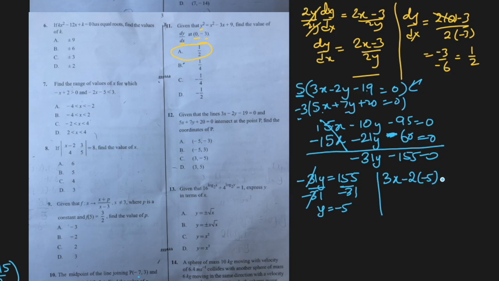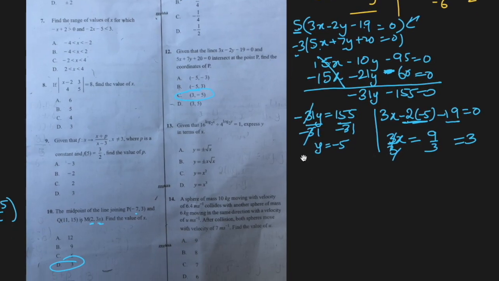Then we have minus 19 equal to 0. Negative 5 times negative 2 is positive 10. Minus 9 is negative 9. When it goes to the other side, it becomes positive 9. And we divide both sides by 3. We get x equal to 3, y equal to negative 5. 3 and negative 5, C shows that answer. Number 13.